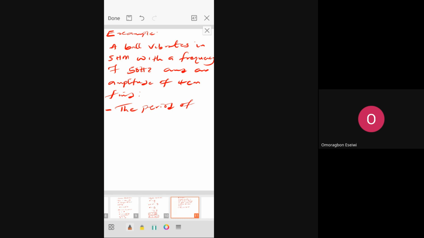The next one, we should find the velocities at the middle and at the end of the path of oscillation. That's interesting.